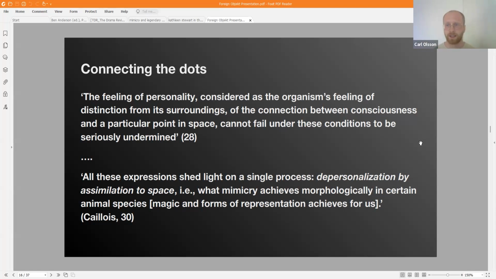We can see we're already in a kind of horror story of sorts, where all sorts of practices that were primarily adaptive and helped us in some way actually throw us out of ourselves and make us disappear into the world, which is one reason why this article is so tantalizing.